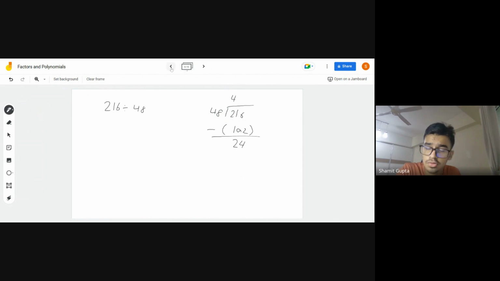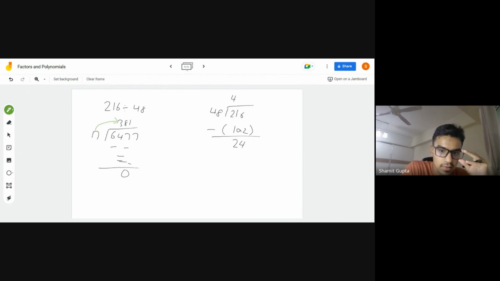So understand. See, earlier when we did 6,477 divided by 17, we got 381, and the remainder was 0. That means 17 times 381 was equal to 6,477.